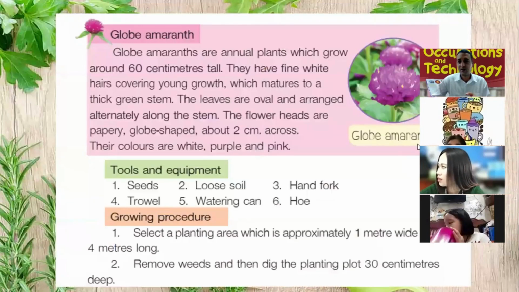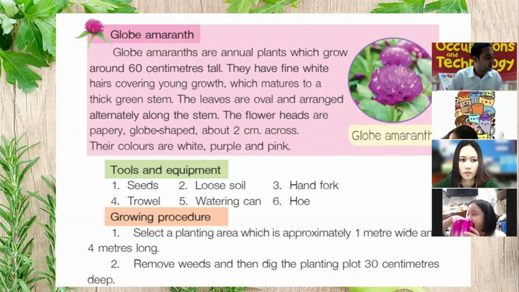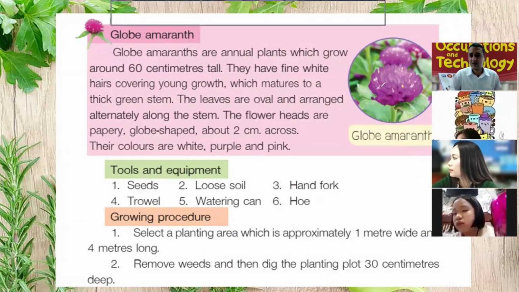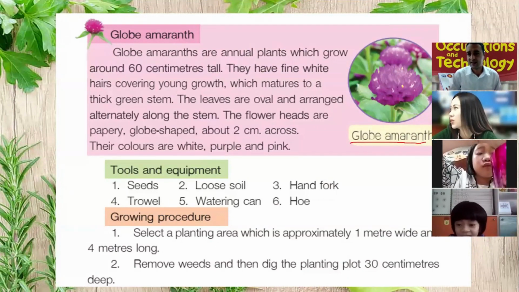All right. So let's start and talk about some of the flowering plants. All right, so page number 78. The flower, as you can see here in your books, also on the screen, is Globe Amaranth.